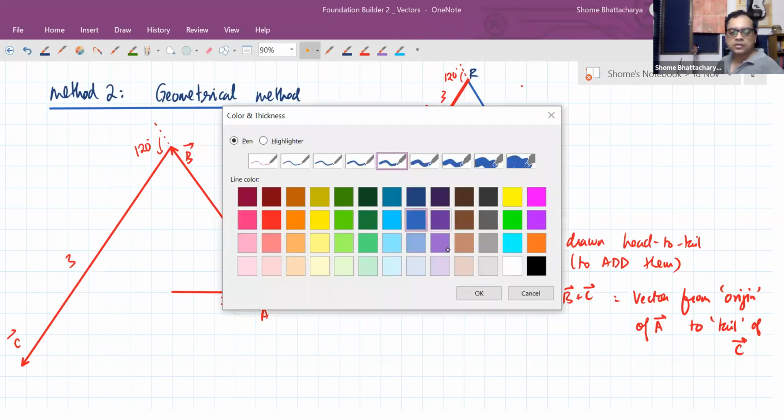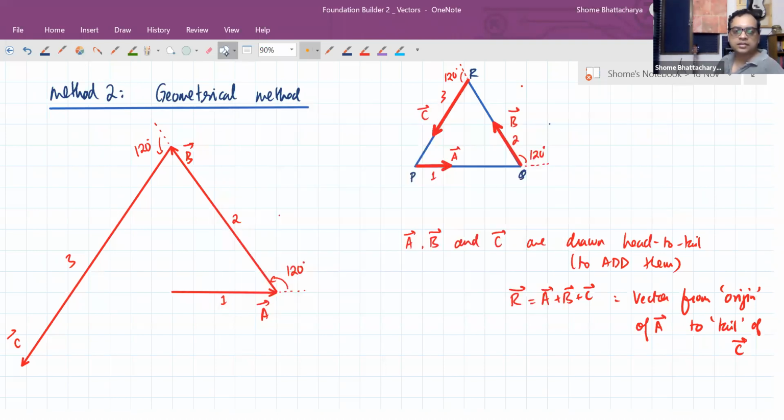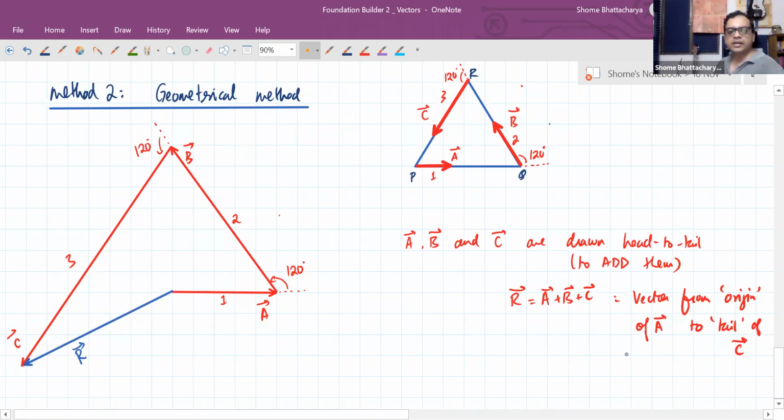So the regular method of adding vectors using geometry. So this is the resultant now. This is the resultant vector R. Now we have to calculate this one's magnitude.